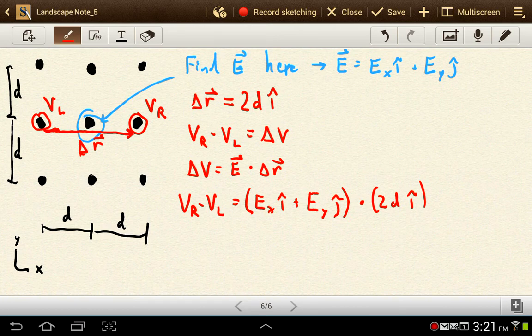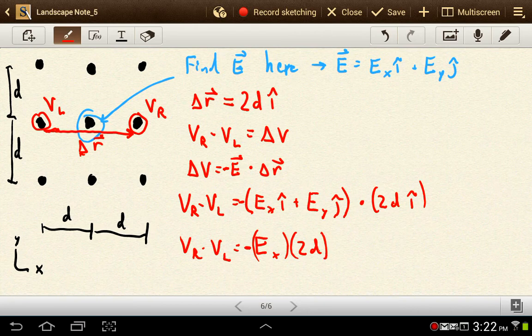When we do the dot product, you'll notice the EY times J hat term is going to go away because we're dotting it with a vector that only has an I hat component. So what you're going to get is VR minus VL equals, oops, I forgot the negative sign, negative. That's kind of important. Sorry about that. Negative EX times 2D.